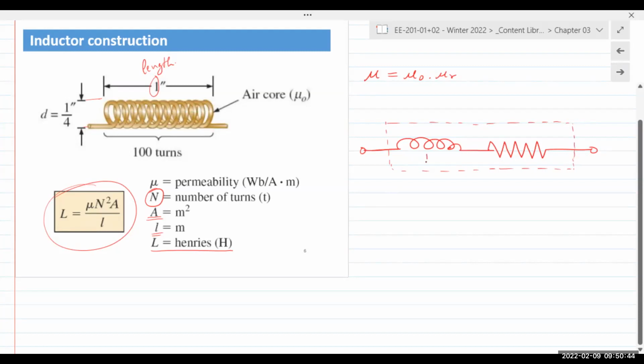This inductor will be called L, and this resistor will be called RL. Now, RL in electrical engineering is typically used for load resistor, but here RL is simply the resistive portion of that inductor, or resistance of that inductor.